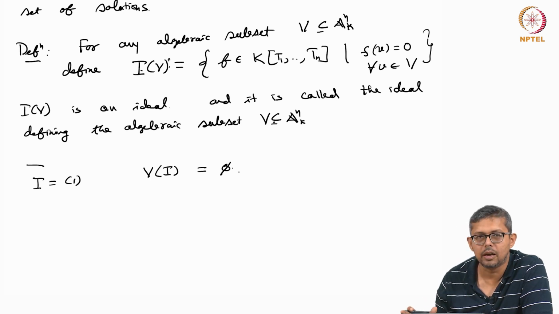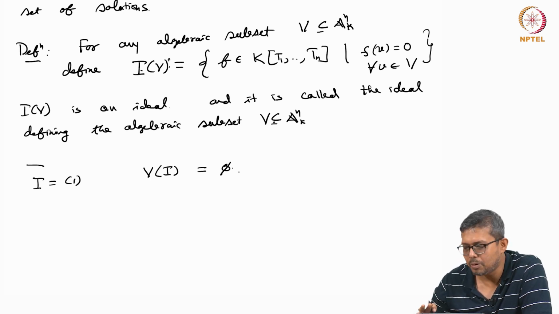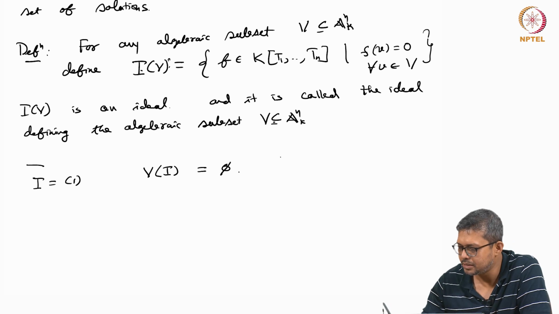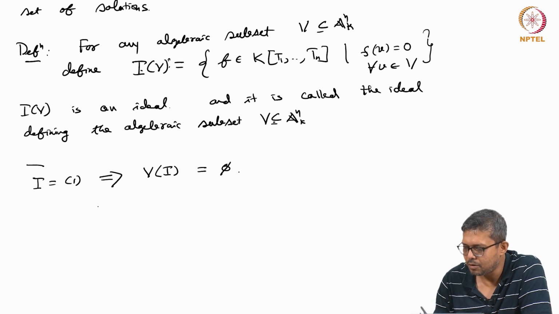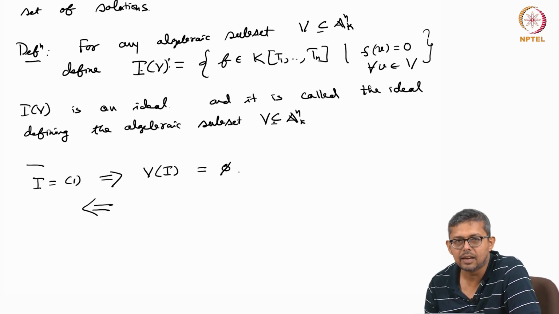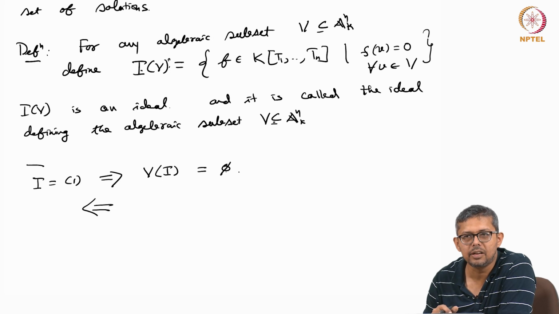But what about the converse? Suppose V(I) equals empty; does it imply that I is the unit ideal? Suppose V(I) is empty, can you say that I is the unit ideal?